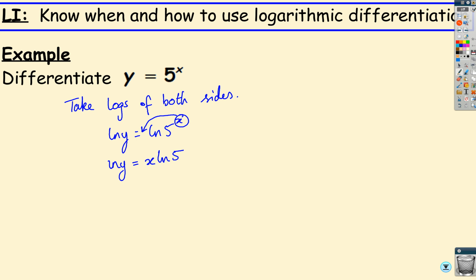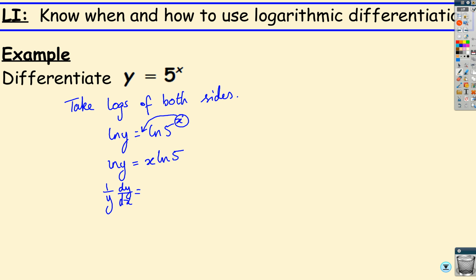Okay, so now we're ready to differentiate. If we look at the terms, log y is easy enough to differentiate. If you think about log x, its derivative is 1 over x, so the derivative of log y will be 1 over y dy by dx. That is equal to the derivative of x log 5.